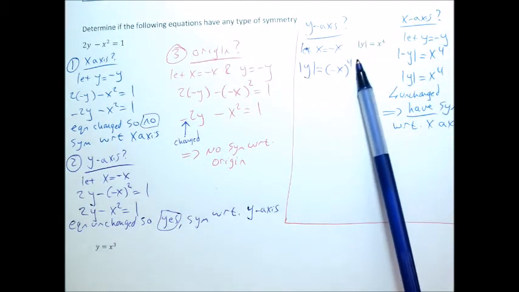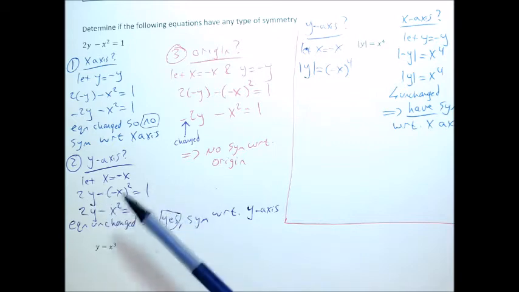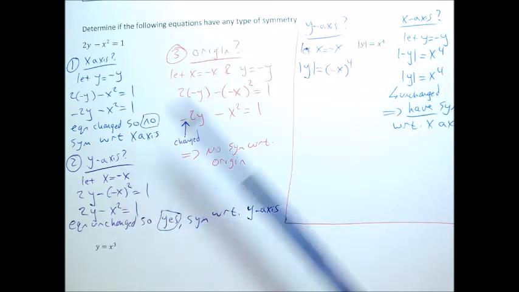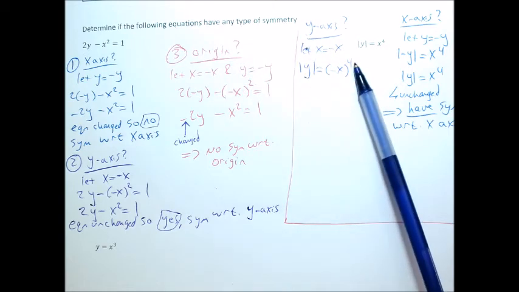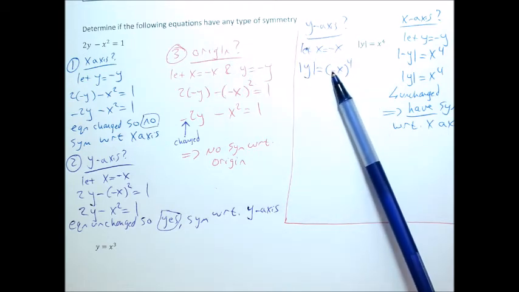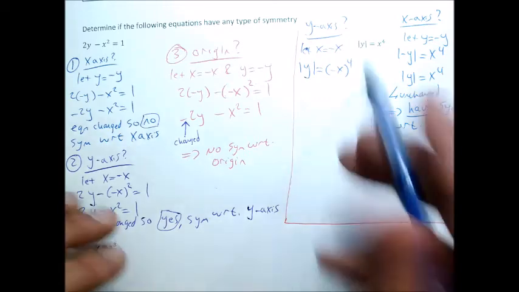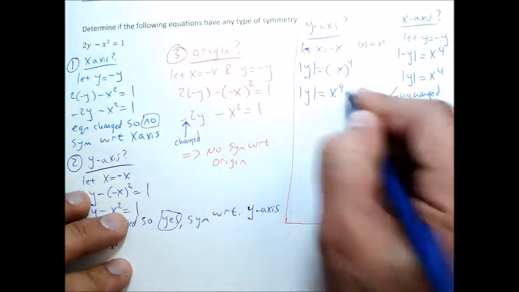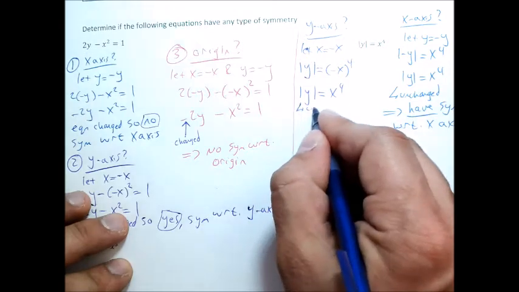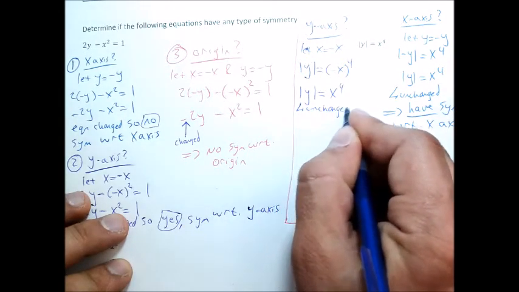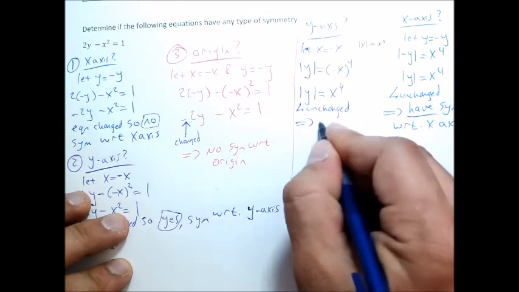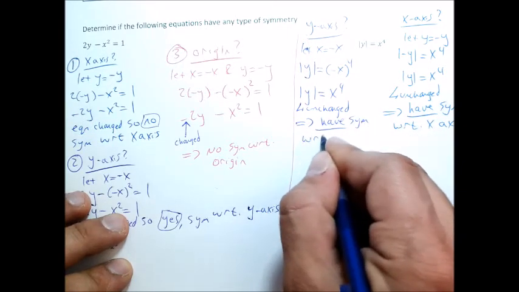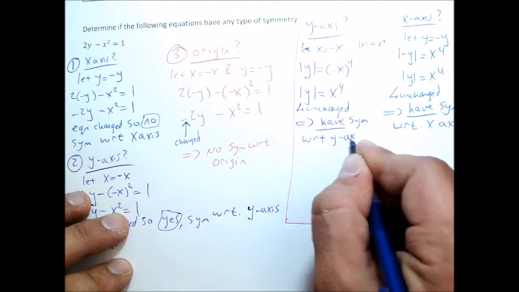And just like the squared in the last one, this one's got a fourth power that's going to make that negative positive. And so this will also be unchanged because this just becomes x to the fourth. So this is also unchanged. And that means we have symmetry with respect to the y-axis.